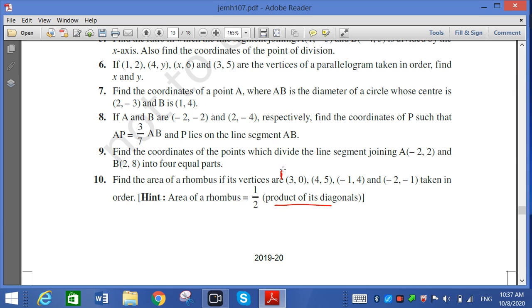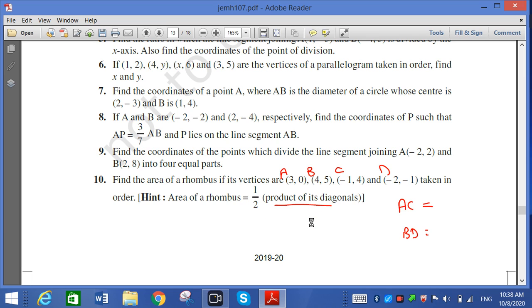I have to find out A, B, C and D. First of all, find AC by the distance formula and find BD by the distance formula, and then apply half into AC into BD. Clear? So that is sufficient.